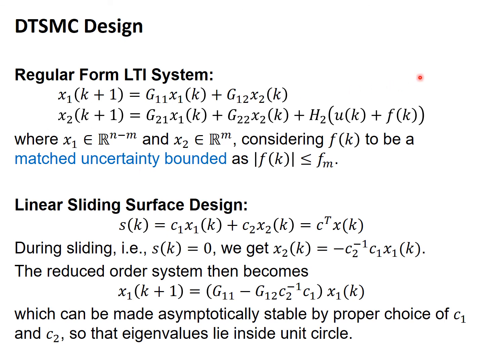So the final part: after knowing all these reaching laws and understanding how they behave, that is, how they converge to 0, whether they are having a zigzag motion, what the ultimate band is, when we have all this analysis done on a particular reaching law and are satisfied that this is the behavior that we need, then comes the question of using this reaching law to design a discrete time sliding mode controller.